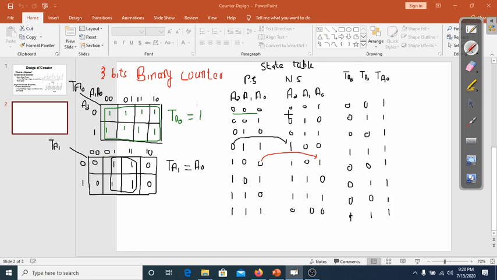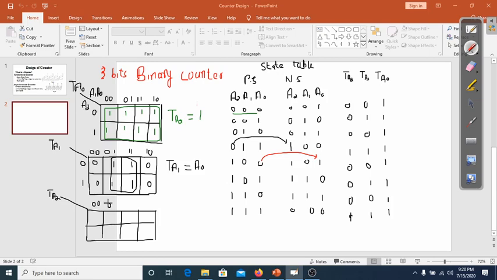Next I will simplify TA2. This is the K map for TA2, and these rows are for A naught and A1.